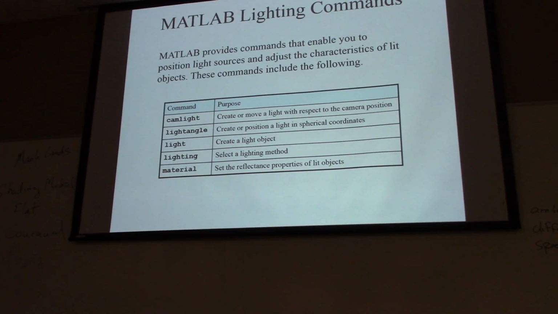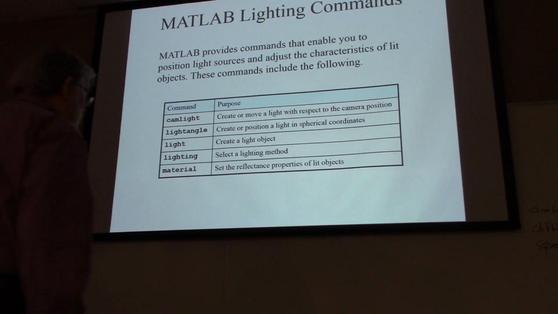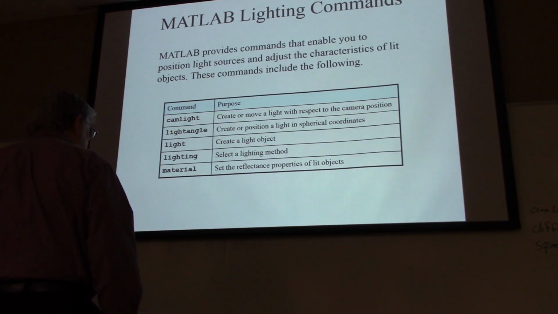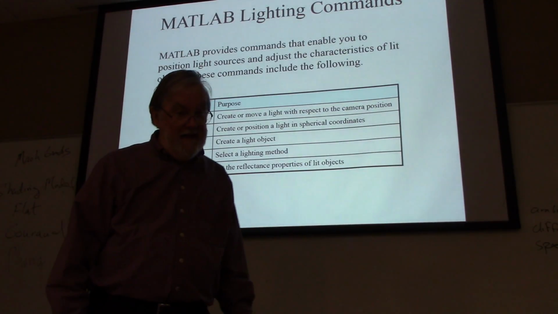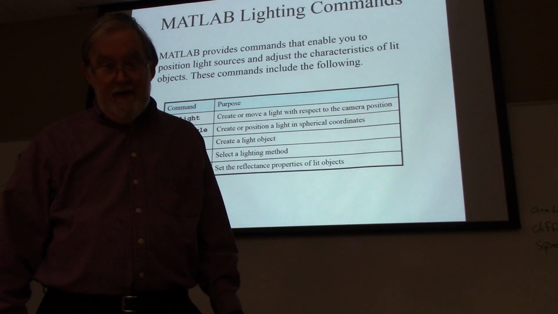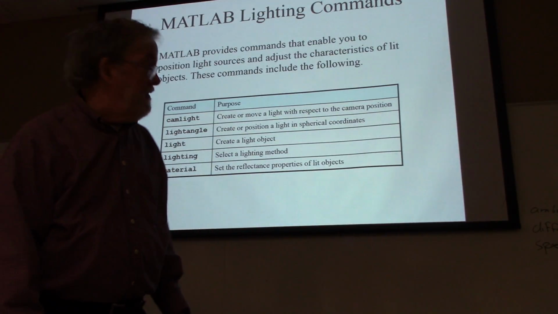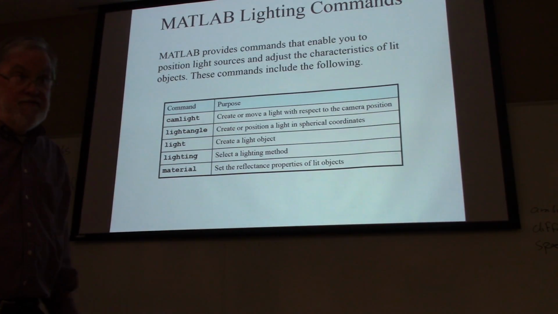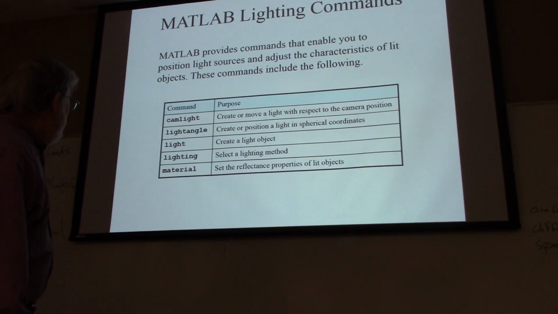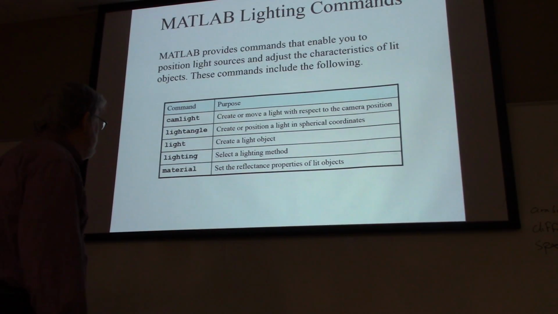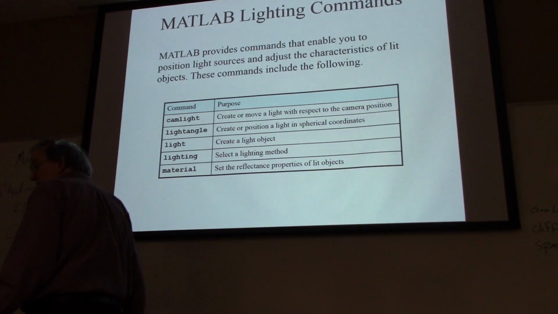We'll see that in a second. We've looked at lightangle, which determines the directionality based on azimuth and elevation. We've looked at light, which creates either a directional or a point light. The lighting method we've looked at, material we've looked at.